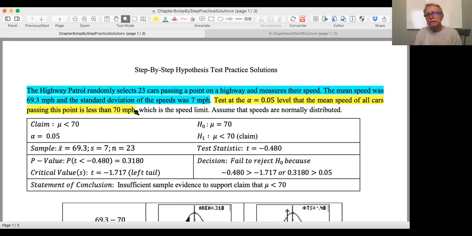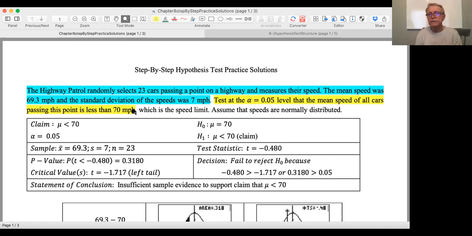So the key words that we're looking for in this problem, we see test that. We're testing that the mean, test that the mean, and I've highlighted this in yellow because this is the important claim information. Test that the mean is less than 70.